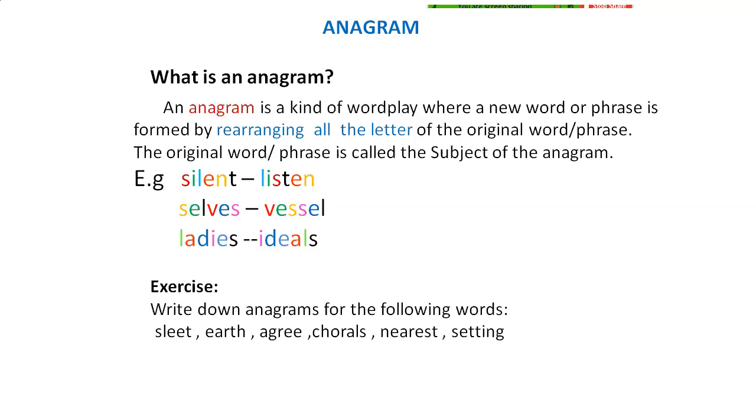Using all the letters that were used to form the word selves, we have formed a new word, vessel. Look at the word ladies. Using all the letters that went on to make up the word ladies, we have formed a new word, ideals. This is how an anagram is constructed.